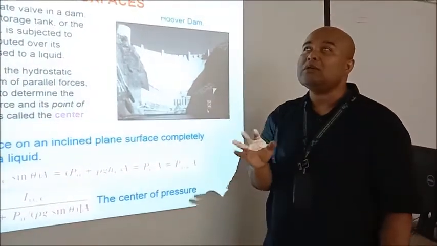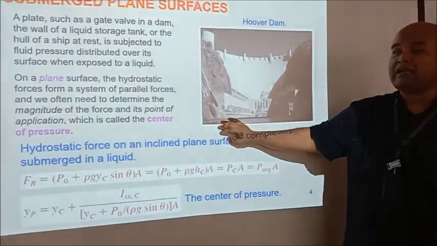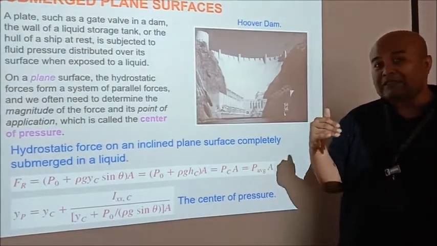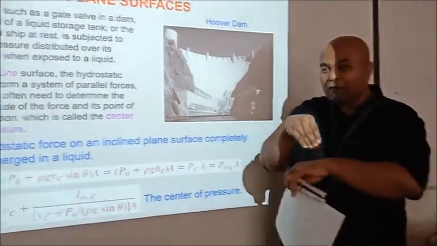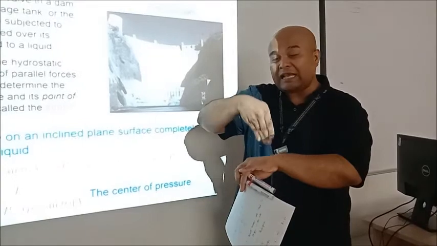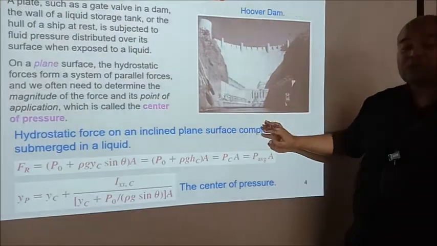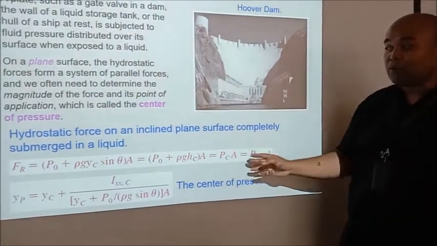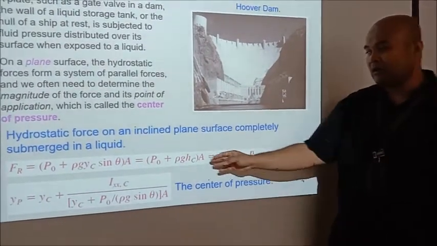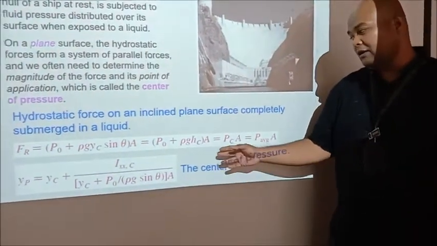And then kita selalunya memang akan diperlukan untuk menentukan magnitude bagi daya tersebut. And then the application, the point of application, we call them as the center of pressure. Maksudnya, center of pressure is the point where the forces, the resultant forces intersected at that point, right? And then the hydrostatic force and also the center of pressure, kita boleh kira menggunakan dua rumus yang ini. Tapi we don't know what is A. Kita tahu A itu area, tapi nak ambil area yang mana kan, H tu apa dan sebagainya.